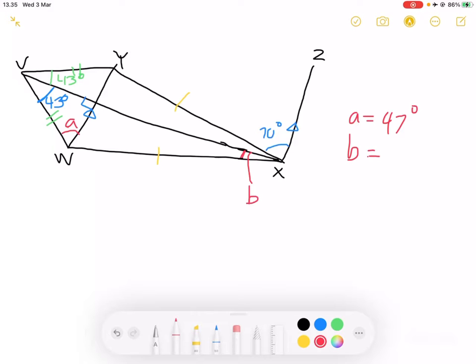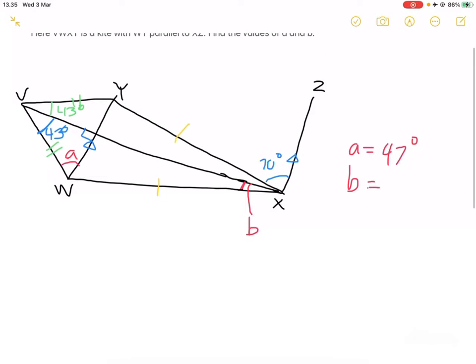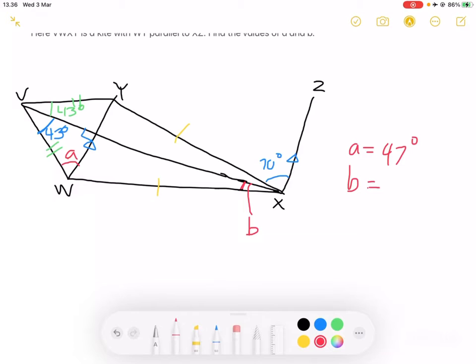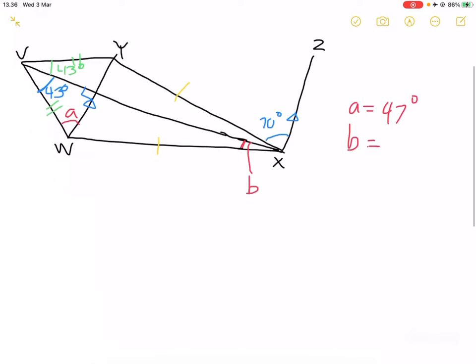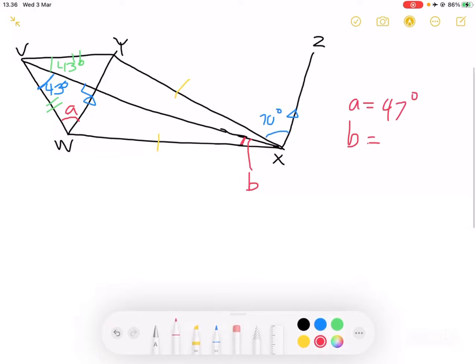So notice WY is parallel to XZ, and I'm just going to draw the line segment for WYXZ, or actually I really don't need to draw it. I can just demonstrate it by myself.